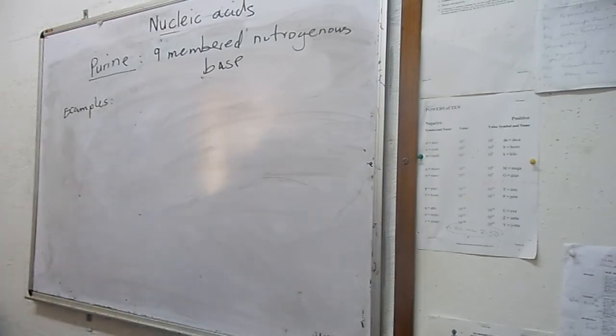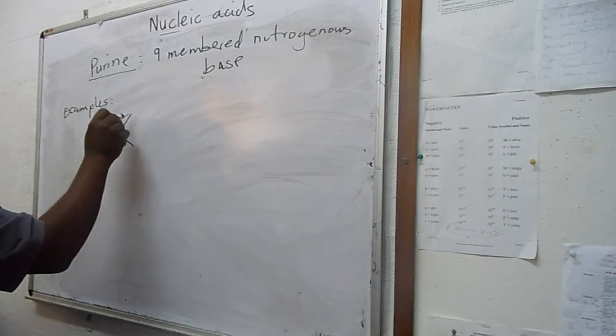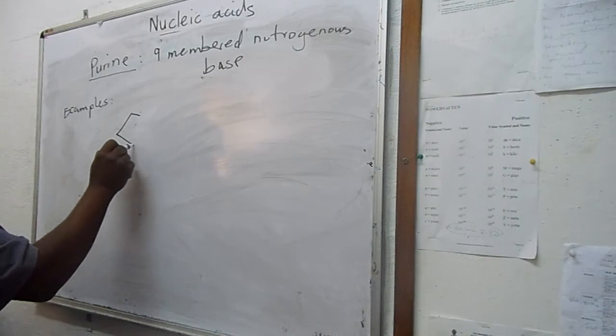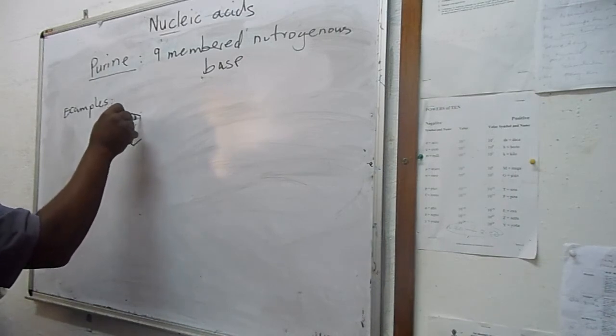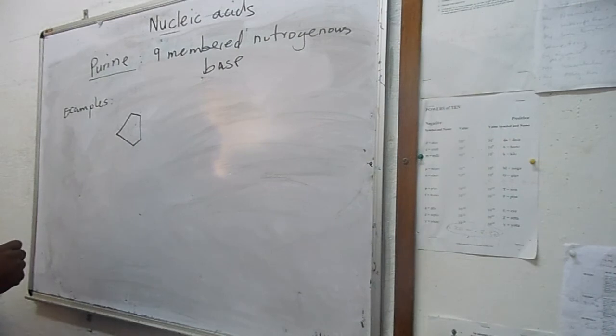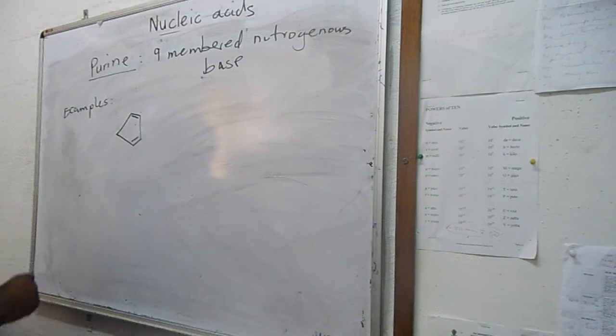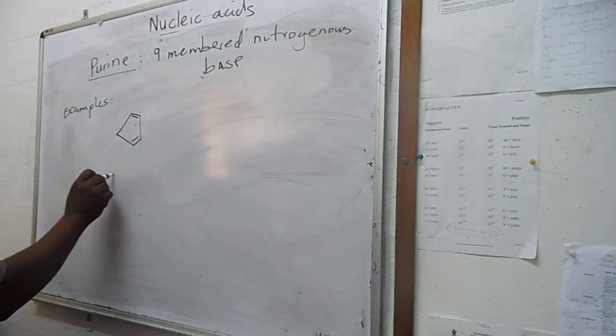Before I write the examples, I want to remind you, or let me ask you, what is the name of this structure that I'm drawing? Or maybe I draw it differently.